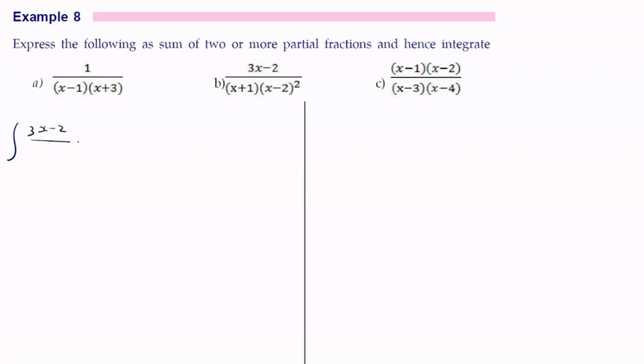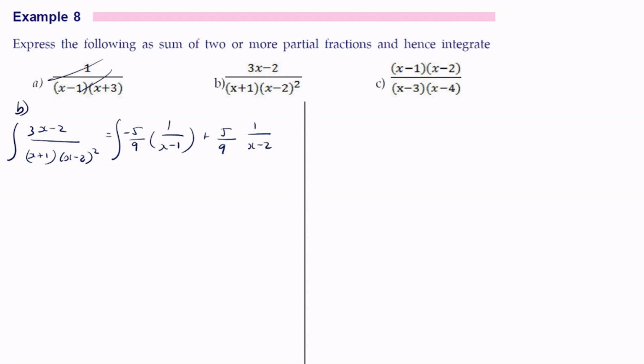Integral 3x minus 2 upon x plus 1 into x minus 2 the whole square is equal to minus 5 by 9 integral of 1 by x plus 1 plus 5 by 9 integral 1 by x minus 2. This is the b part.